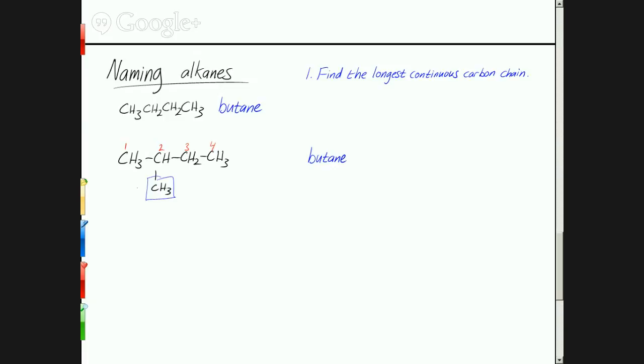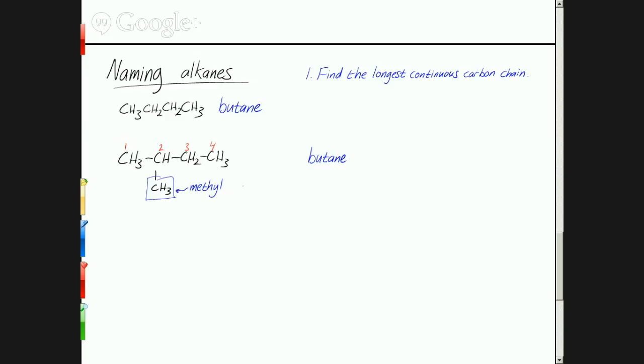And a 1 carbon substituent is always going to be called methyl. So meth always means 1 carbon, like methane. This isn't methane because methane is a molecule by itself. This is a carbon that's hanging off another chain. So we call that methyl.